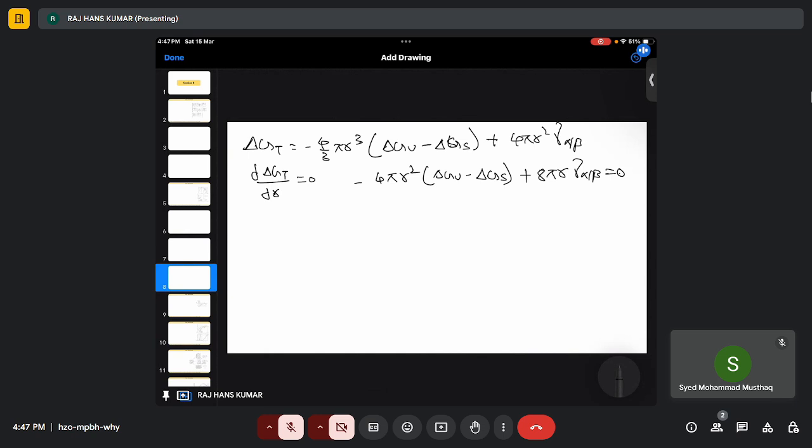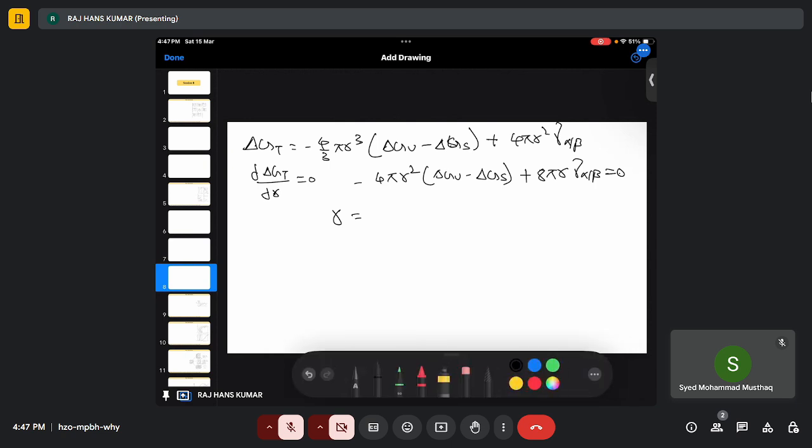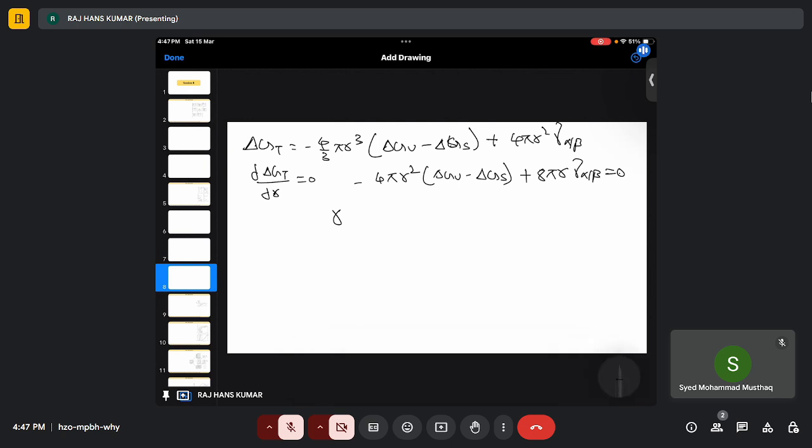Now, if I take R as a common factor, then that will be R times 8 pi gamma alpha beta minus 4 pi R delta GV minus delta GS equals 0.